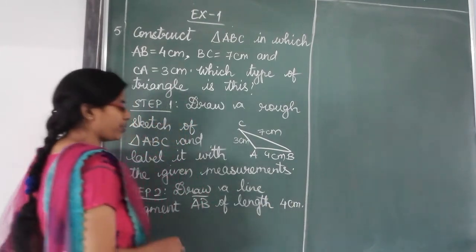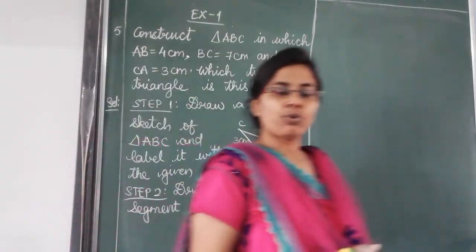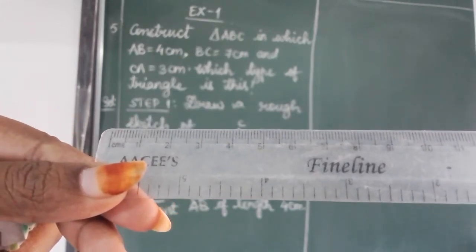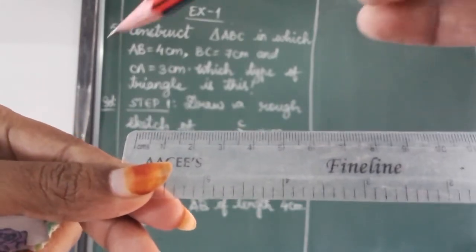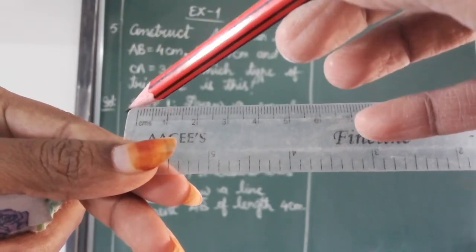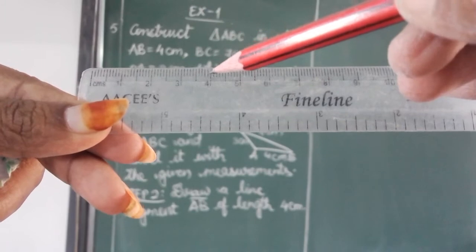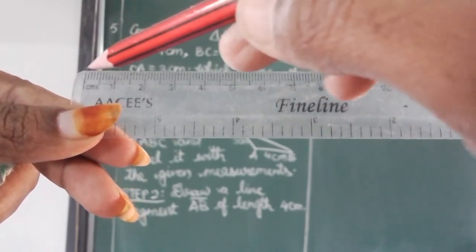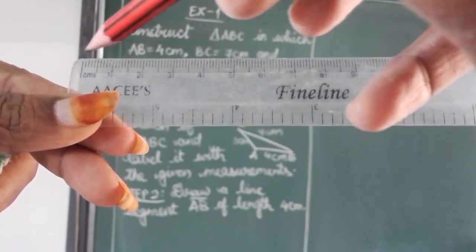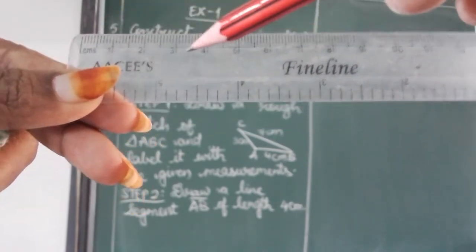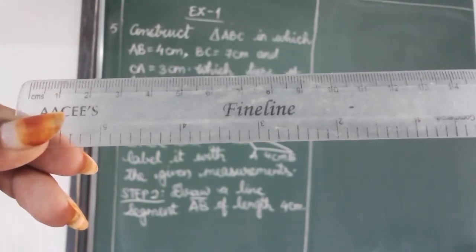Now take your scales, children. So the length of AB is 4 centimeters. Mark a point at 0 here and then mark a point at 4. After marking the points, join the line. Don't shake the scale. Join the line and write AB and it is of length 4 centimeters.